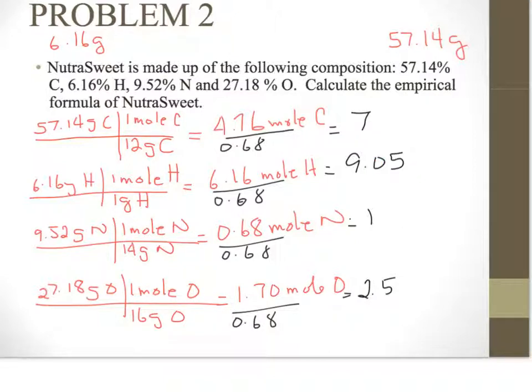Now, there's a rounding rule that we observe. If the decimal to the 10th place is a 0.1 or less, we will round it down, or if it's a 0.9 or above, we round it up. So in this case, for 9.05, since the 10th decimal place is a 0, we will round this down and make it into a 9.